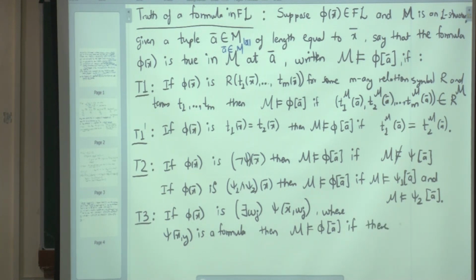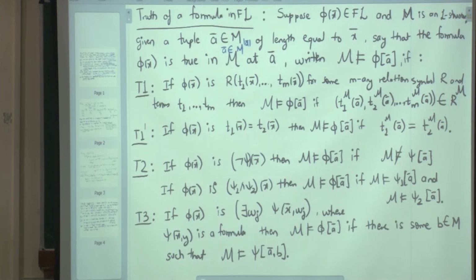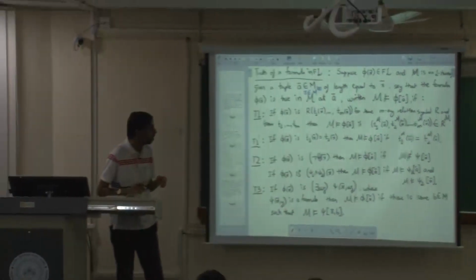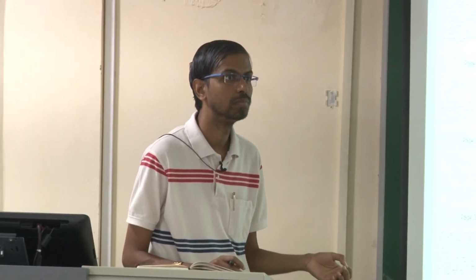If there is some B in the universe such that M satisfies psi at A bar comma B, if the inside formula is true when we substitute some B for that W. Think about it, this is precisely what we do.